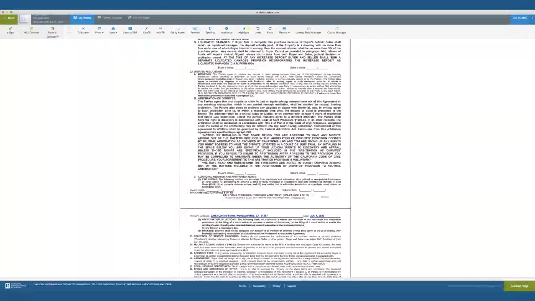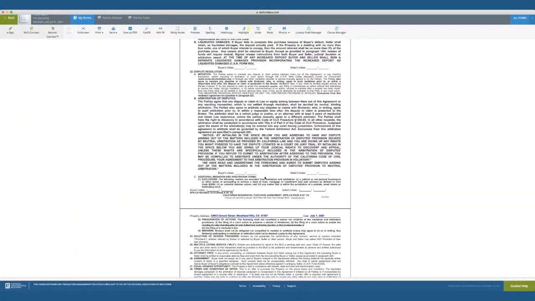And then there is another option for arbitration, where the parties agree, instead of a court battle, to settle this if mediation doesn't go anywhere. They will agree to arbitrate.